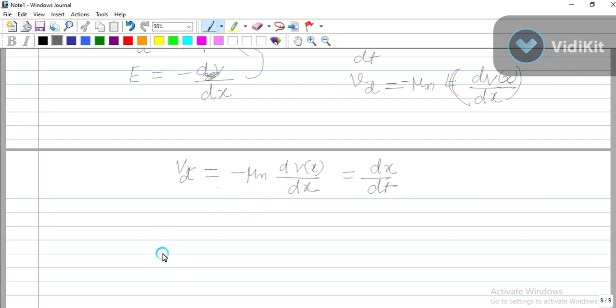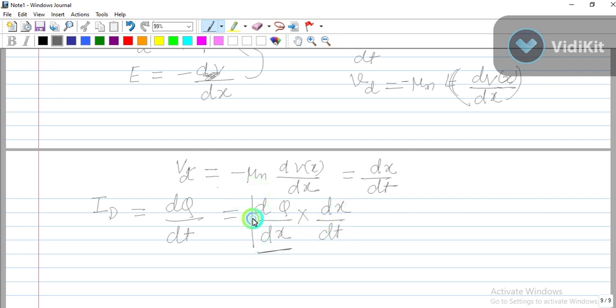Now, what is Id? What is the formula of I? I is equal to dq by dt, or we can say dq by dx and dx by dt. What is this?